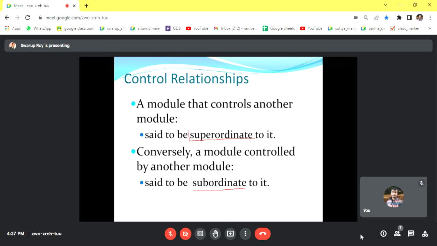That particular module is called the boss module or superordinate, and the other one, which is dependent on the module for the control signal, we call a subordinate.